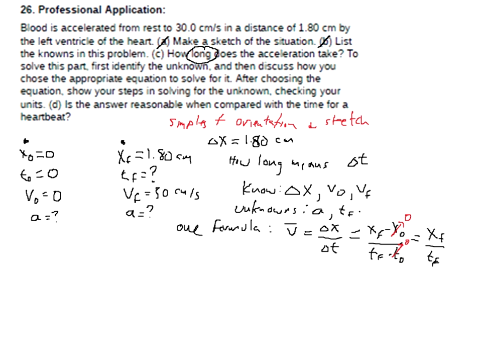All right, so now we have v bar, our average velocity. How does v bar relate to v final and v initial?